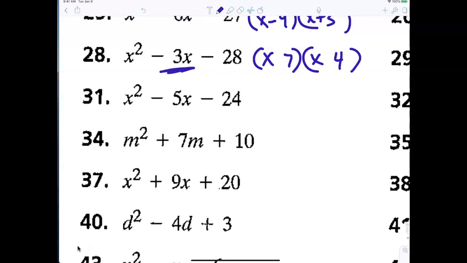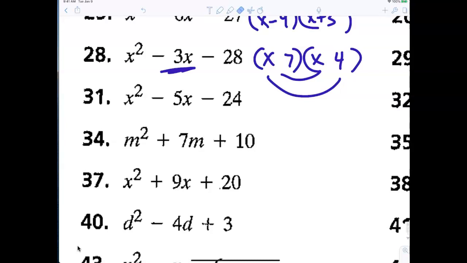So do you want +7 and -4 or -7 and +4? Okay, so let's put +7 and a -4. So what's 7 minus 4? Is that -3? No, it's not. So the 7 should be negative. And the 4 should be positive.